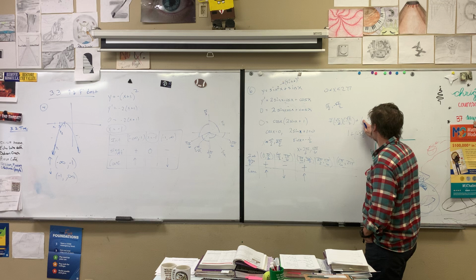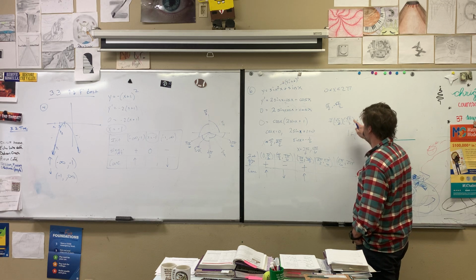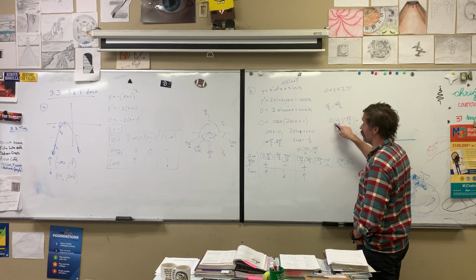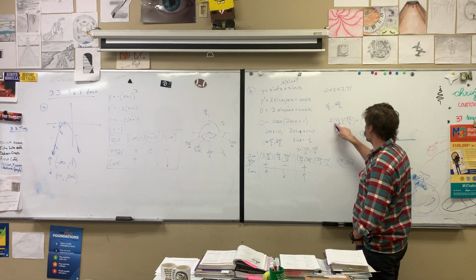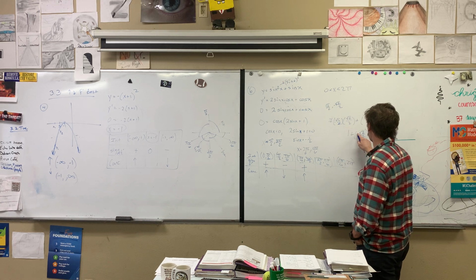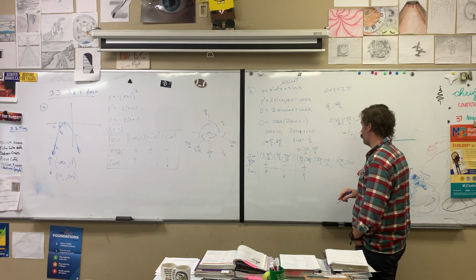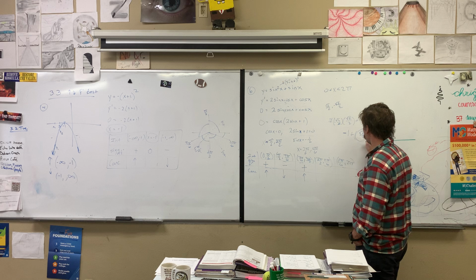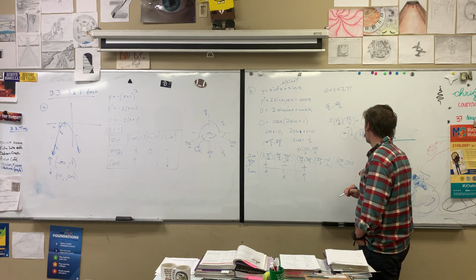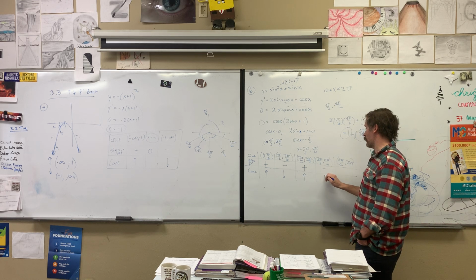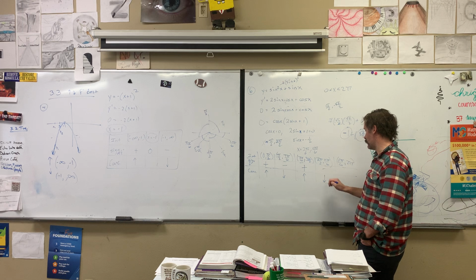So we change that to a positive, change this to a positive, and then sine is negative. So this is a positive. This whole thing on the left is going to be negative, and therefore this is going to be smaller than this. So that's going to be a negative, therefore it is decreasing.